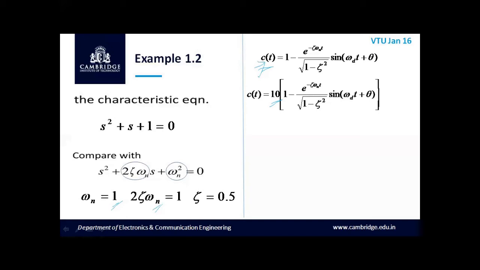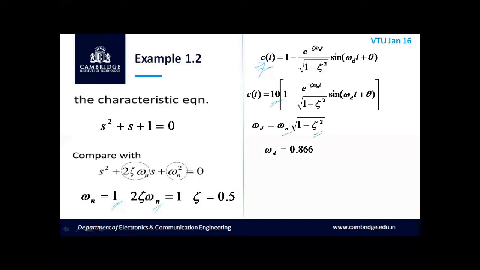So here A is equal to 10. So C of t will be equal to 10 multiplied by 1 minus e to the power of minus zeta omega n t divided by square root of 1 minus zeta square, into sine of omega d t plus theta. We know that omega d is equal to omega n into square root of 1 minus zeta square.